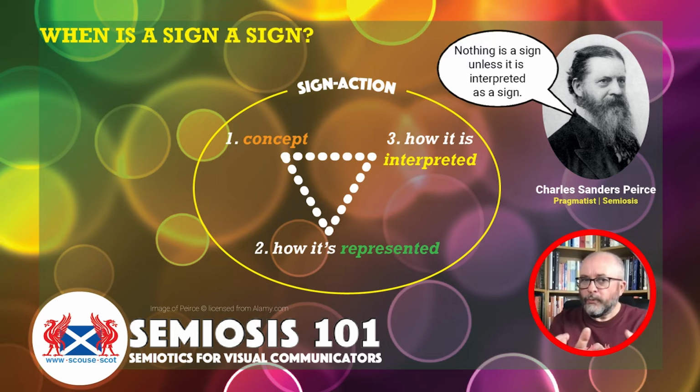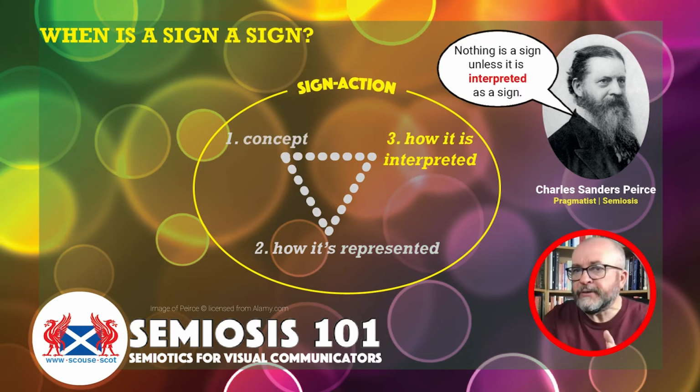It goes from the concept we need to communicate, how is that represented, to our target audience. How will it be interpreted so that the target audience can make the connection to the concept?